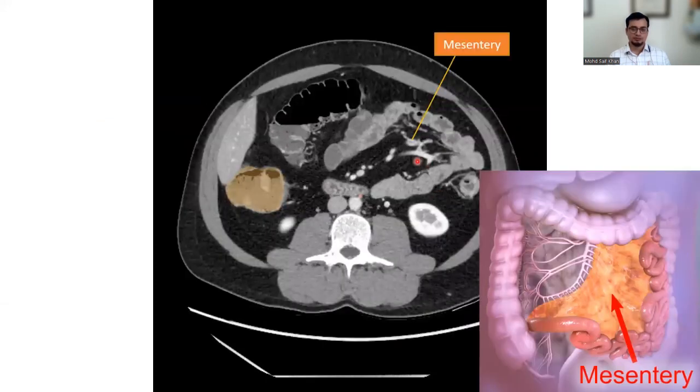Here you can observe the superior mesenteric arteries in the mesentery. So these are your bowels, small bowel, and inside you can see the fat, and then hyperdense structures, which are arteries. This is the whole mesentery, a fold of membrane that attaches the intestine to the abdominal wall.